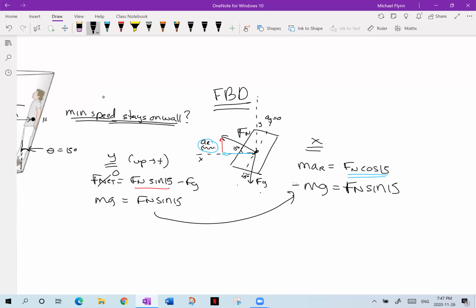Now our trick is to divide equations in this form. The mass cancels and the normal force cancels, good, because we don't have either of those things. And I'm left with just one unknown: a_r over g equals, this time I can't write tan. I could write 1 over tan, but I'll just leave it as cos 15 over sine 15. Now I can find a_r.